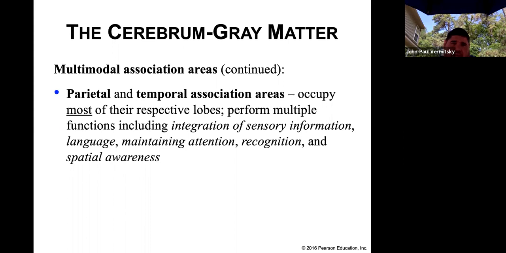Your parietal and temporal association areas occupy most of their respective lobes, and perform multiple functions including integration of sensory information, language, maintaining attention, recognition, and the ability of spatial awareness.